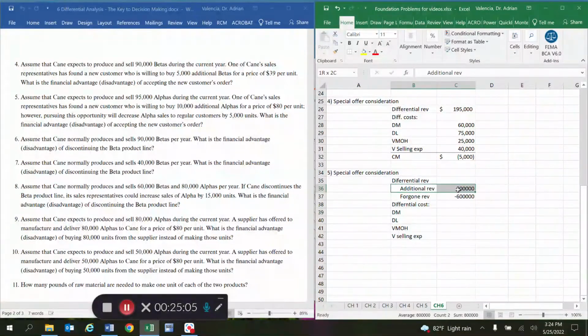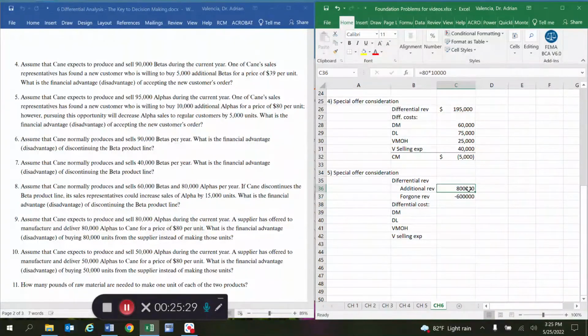Even though this is based on 10,000 units, 5,000 already have been done. So when I do my differential analysis for the differential cost, it's not going to be for the whole 10,000 units. It's just going to be for those additional 5,000 units that I'm going to have to incur additional costs.